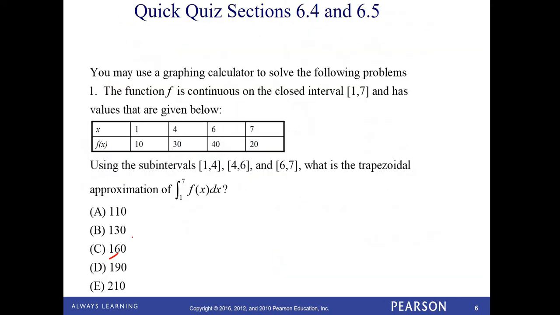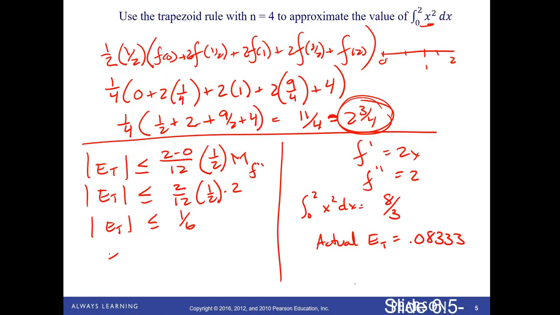My error bound approximation is 0.1666. And so my actual error is less than my bound. The approximation is always going to be off, but at least I know whether I am close or not. So error bound is a new topic that we've introduced, and that's the end of this video.